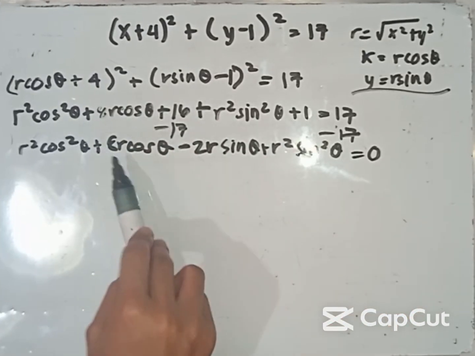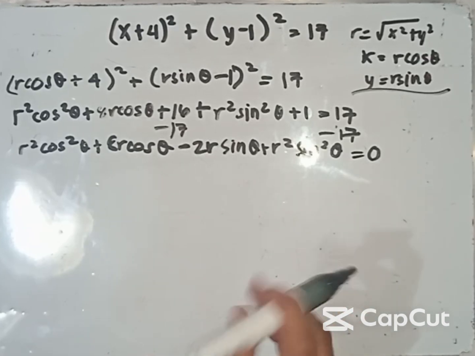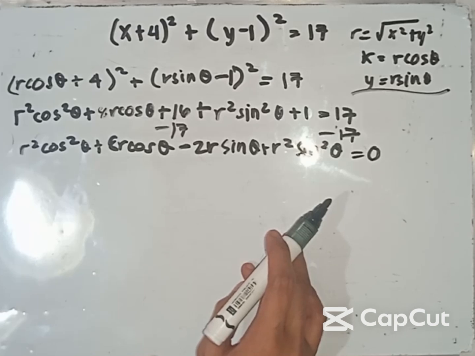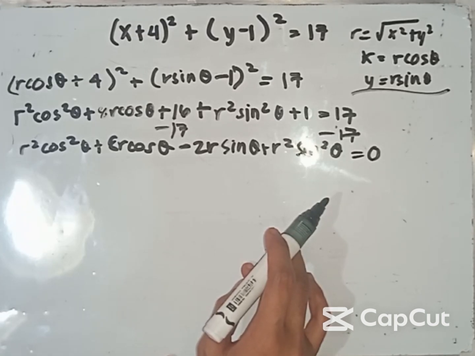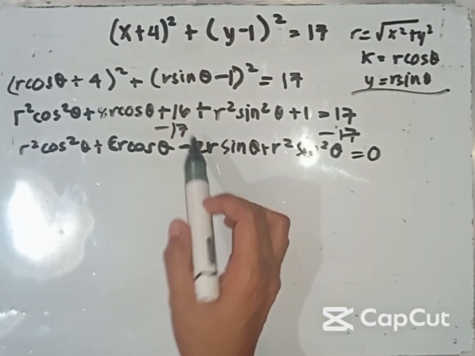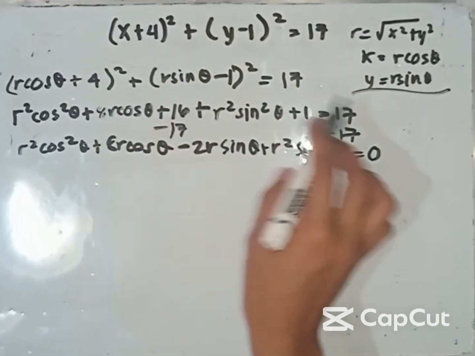transpose the expressions with squares onto the left side and the expressions without squares we can transpose them onto the right side.